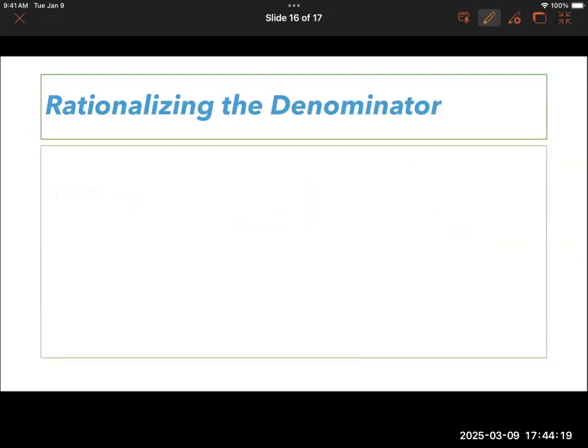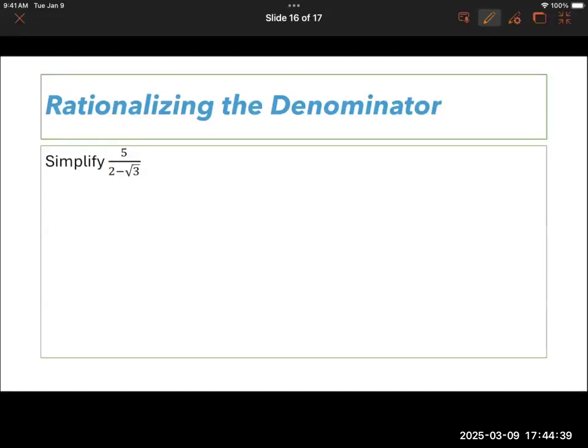Now, there's one other type of rationalizing that you are sometimes asked to do, and that is when you have addition or subtraction in the denominator, and at least one of the terms that you're adding or subtracting is the square root. Now, this only works with square roots, okay? This isn't going to work with cube roots or fourth roots.